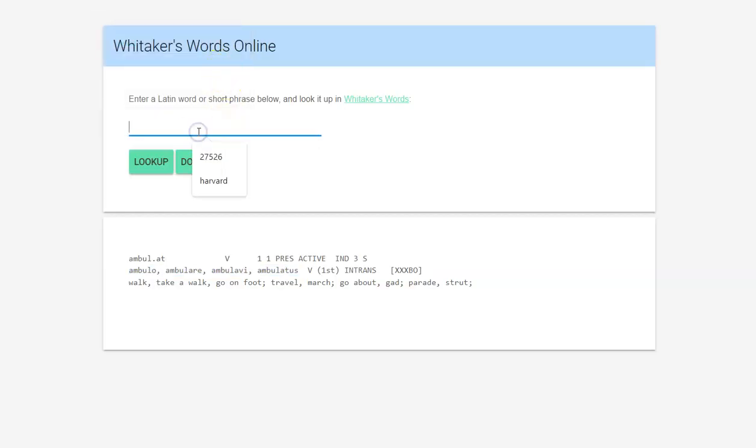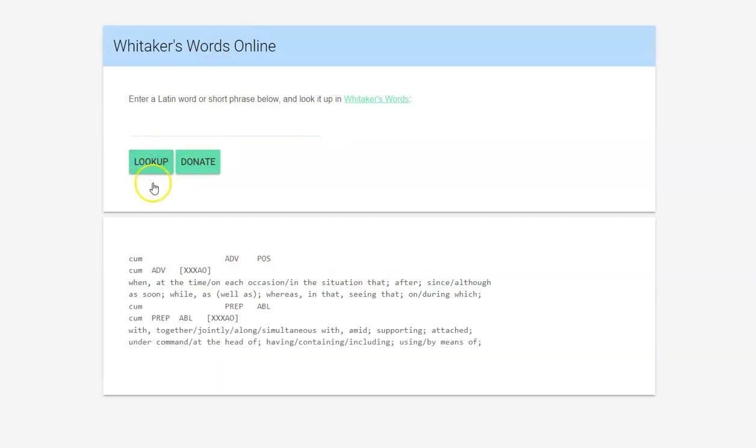You can look it up in Whitaker's, for example, and you can see cum is a preposition with the ablative. Again, you can see cum can also be an adverb, but in this context, because the object that follows is in the ablative, and we need a prepositional phrase, we're going to use it in this usage. So being able to interpret these symbols, or abbreviations rather, is probably helpful.